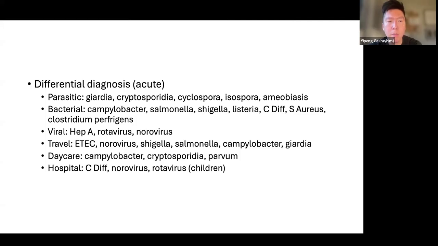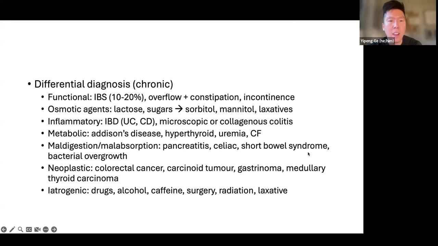So we have parasitic infections, bacterial infections, viral infections, travel-related infections, daycare-acquired infections, and hospital-acquired infections. And then when we think about a more chronic picture of diarrhea, this is where we have more of a mix of different kinds of pathologies.